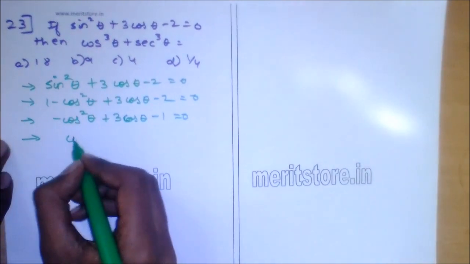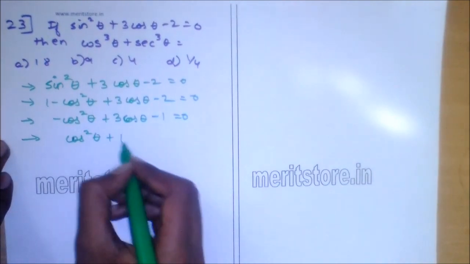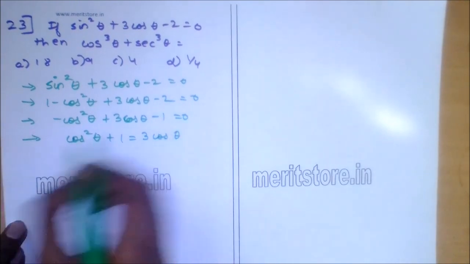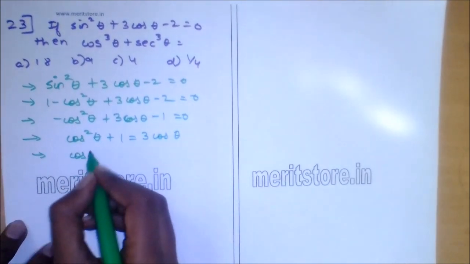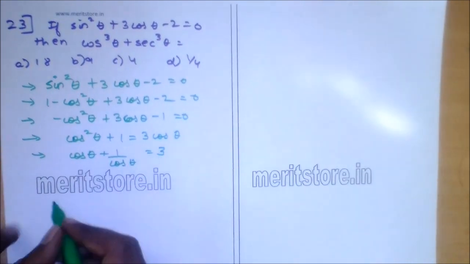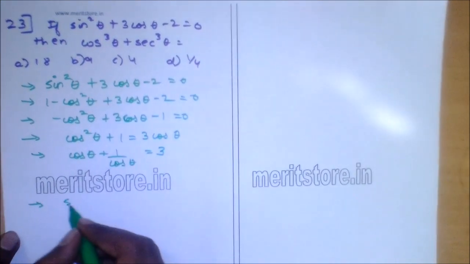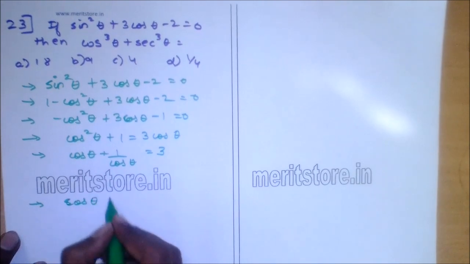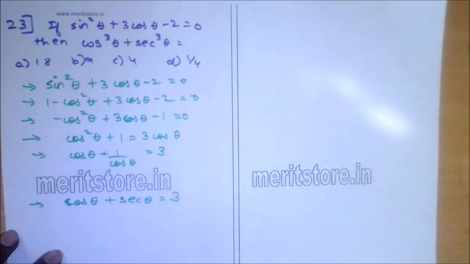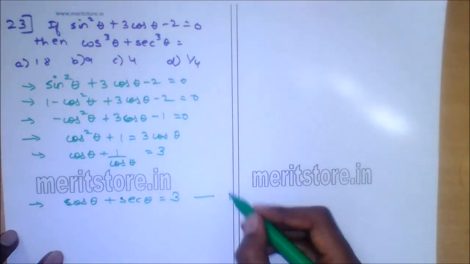So that is cos square theta plus 1 is 3 cos theta. So dividing throughout by cos theta, we get cos theta plus 1 by cos theta is 3. 1 by cos theta is sec theta. So cos theta plus sec theta is 3. Let this be equation 1.